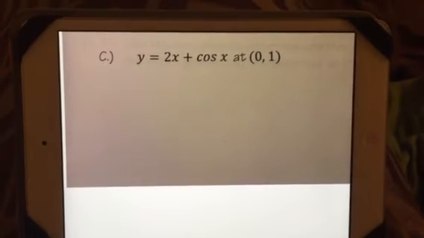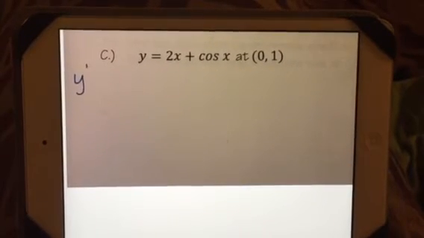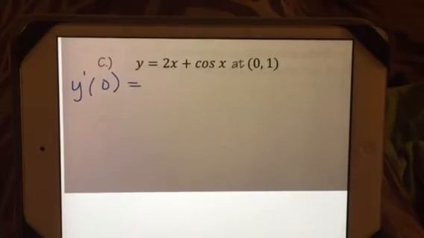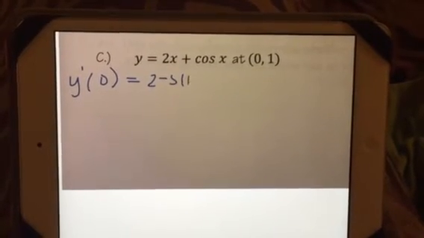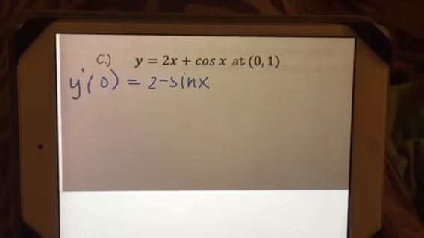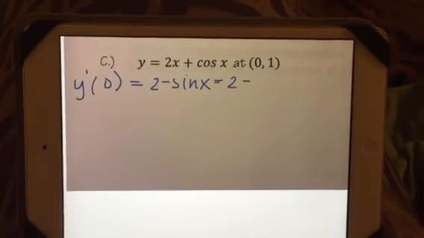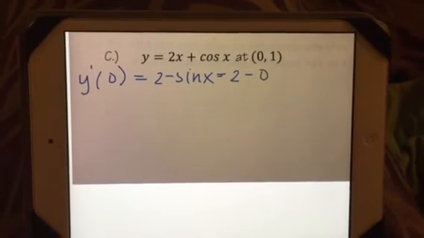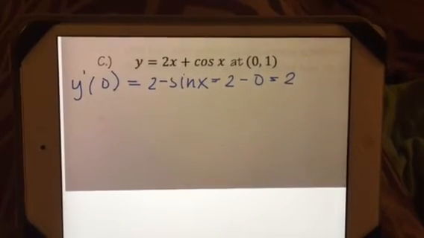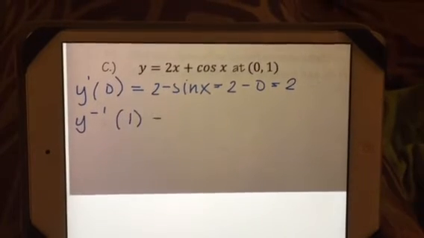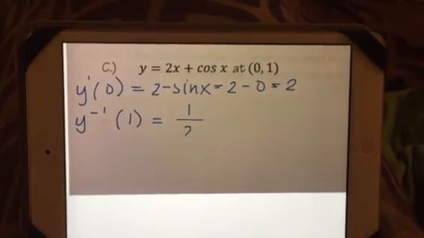Let's do another example. The derivative at 0 would be 2 minus sine of x. Sine of 0 is 0, so we get 2. The inverse value at our y value is 1/2.